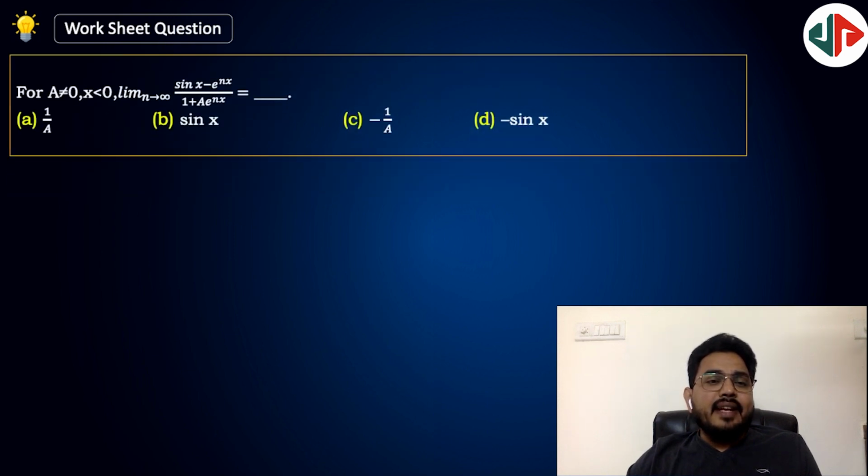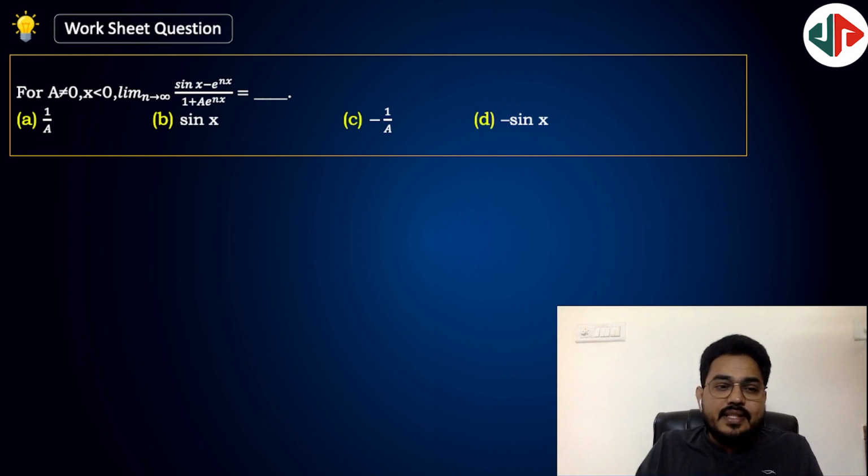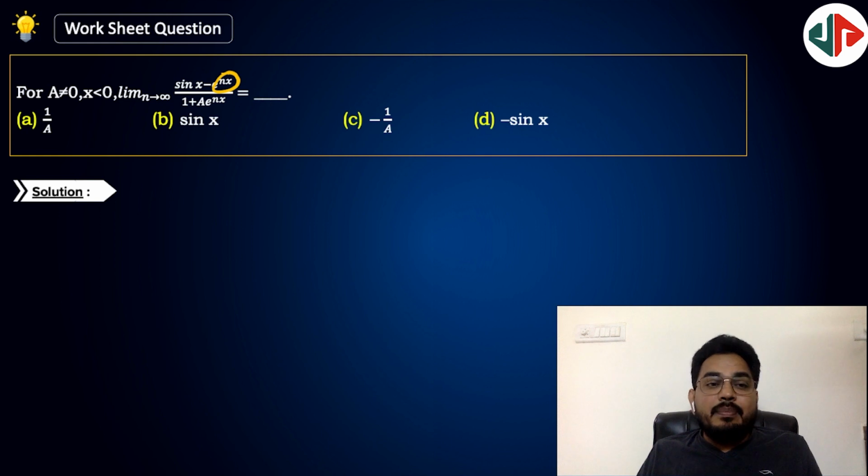Limit n tending to infinity, again the same way we discussed a little earlier. Okay, so what is this one? x is less than 0. n tending to infinity, so this value is going to be e to the power of minus infinity. So this value goes to 0.